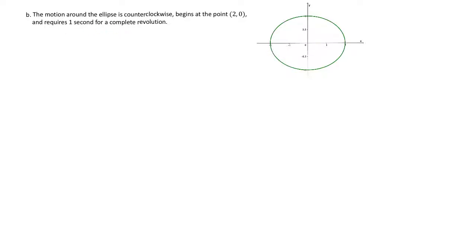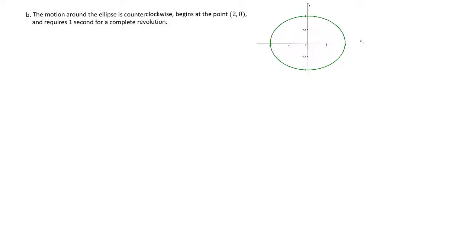They're changing the period on us. The period is no longer 2 pi. The period here is 1. That means that somehow we're going to have to readjust the set of parametric equations that we already have at our disposal. We're going to have to make some sort of modification. Can you start thinking about what that would be?